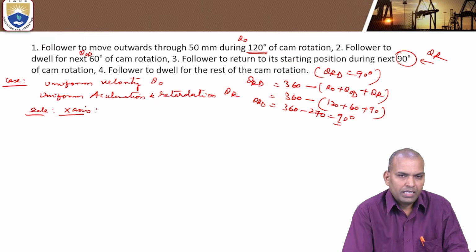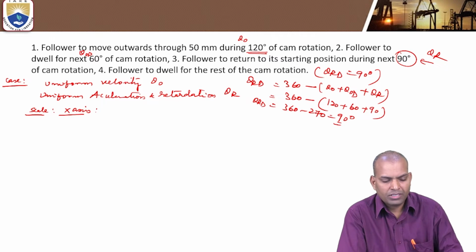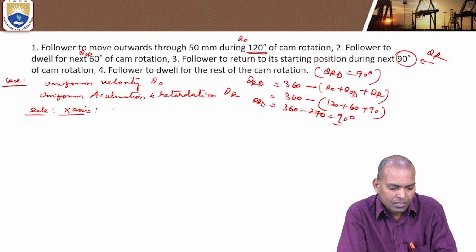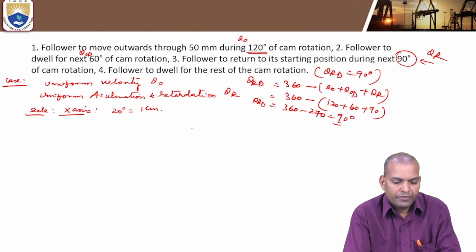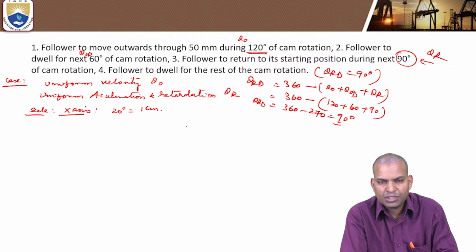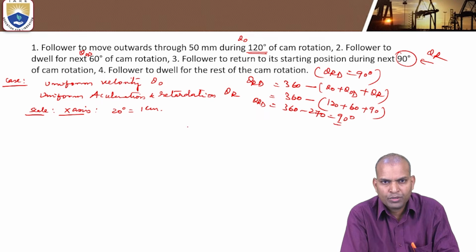Now take the x-axis; the scale on the x-axis, considering conveniently, is 20 degrees equal to 1 centimeter. Why consider 20 degrees equal to 1 centimeter? Outstroke is 120 degrees. We can divide the displacement diagram into an even number of parts, that is 6.